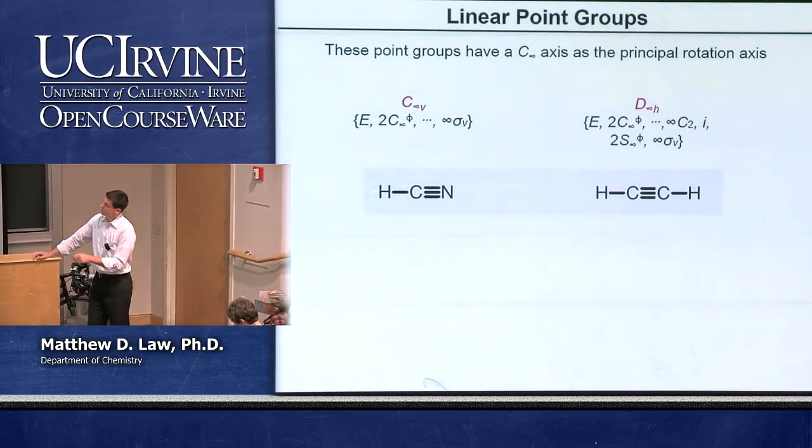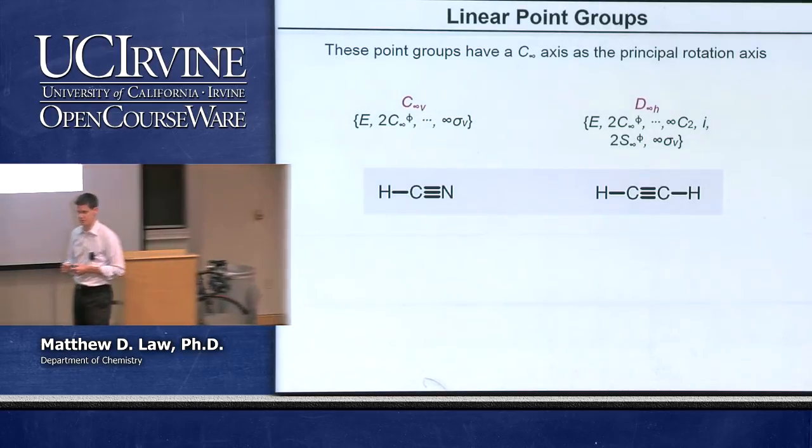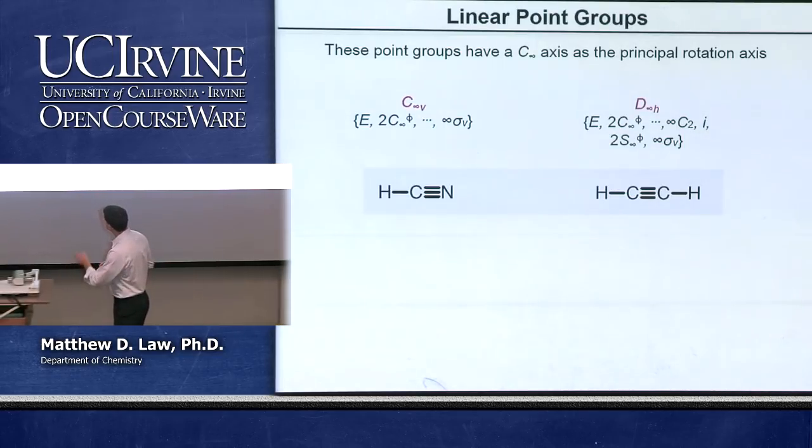If you have a linear molecule that looks like this, it's not symmetric in this plane, what we have is a C infinity axis in this direction that contains all the atoms of the molecule. Rotation by any angle gives us a symmetry operation, gives us an identical or an equivalent configuration. Okay. So we label that as a C infinity axis.